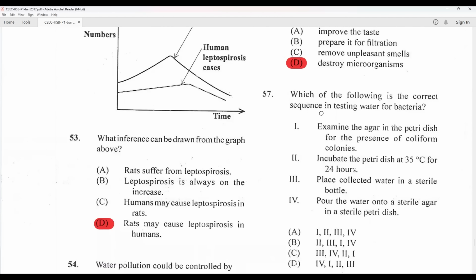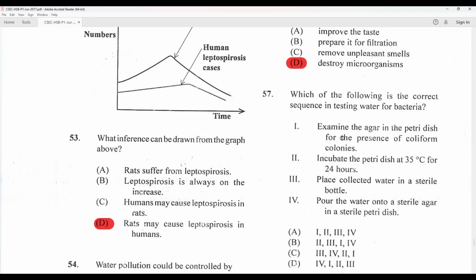57, which of the following is the correct sequence in testing water for bacteria? And you need to put them in order. Examine the agar in the petri dish for the presence of coliform colonies, these bacterial colonies. And this should be the last step, because you are testing water for bacteria.